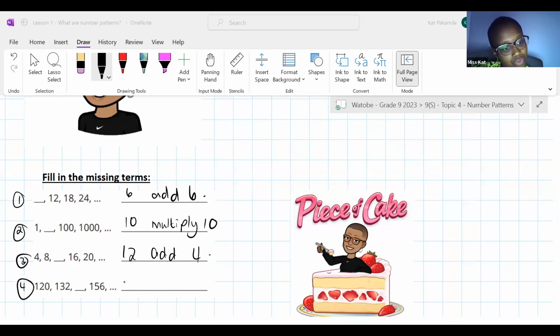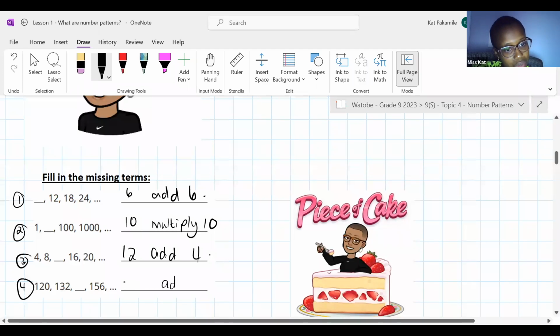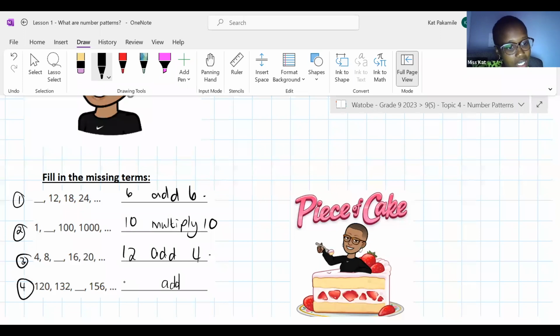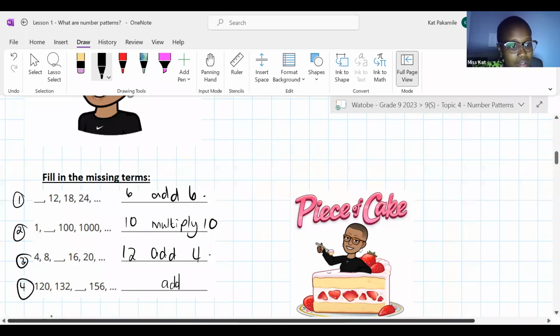So here, I think, ma'am, we add. How much? Look carefully. These are all multiples of what? Wait. Do we add 12, ma'am? There we go.